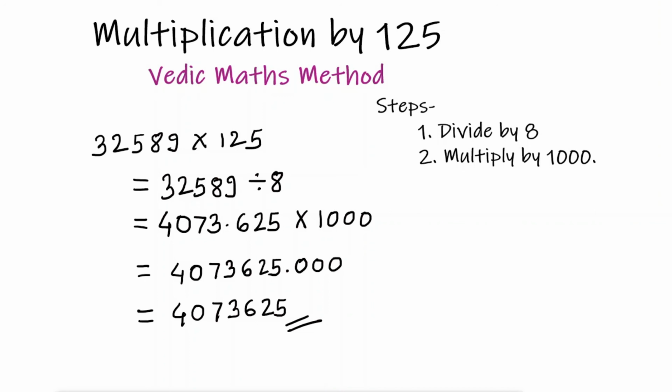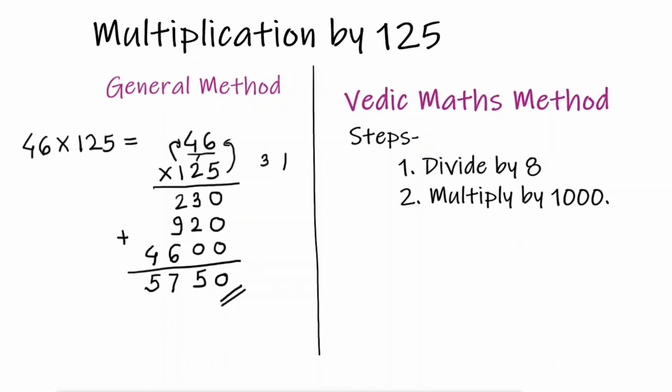You can see here within a minute we got our answer. So this trick is very easy as compared to the general method or academic method. You can solve any digit number multiplication in the easiest way only by using the 2 steps. Now you can clearly see the difference between the general method and the Vedic maths method. In the general method, we have to follow a step-by-step procedure for multiplication.